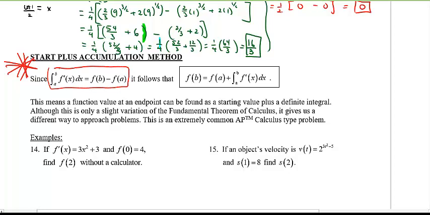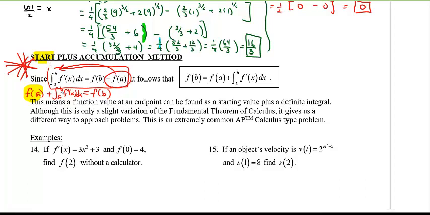It really is this. If I were to take this f of a and stick it on the left hand side, notice I'll have f of b on the right hand side, and then I'll have f of a plus the integral from a to b of f prime of x dx. Why do I call this start plus accumulation? Because f of a here is like my starting value.